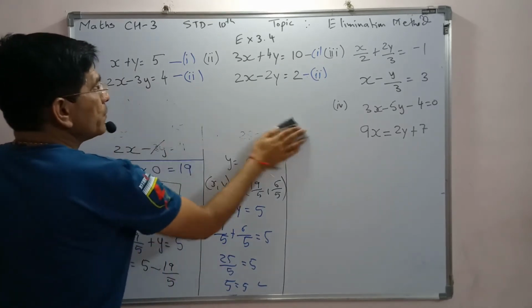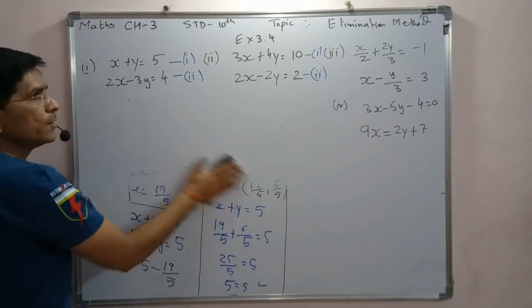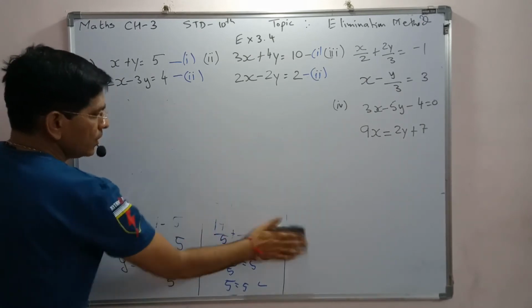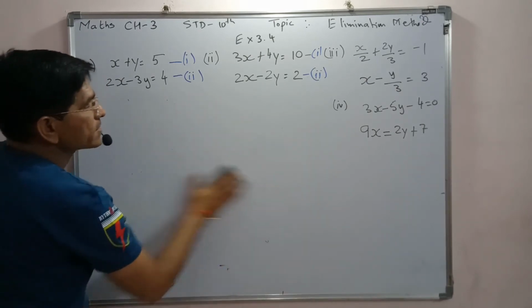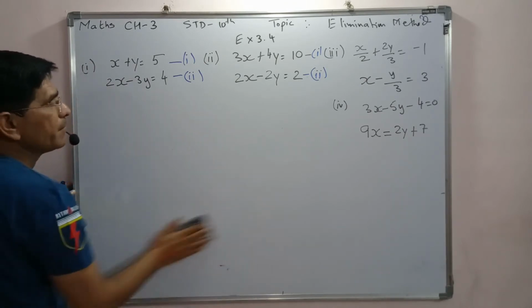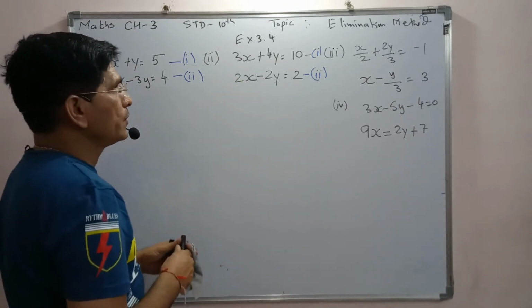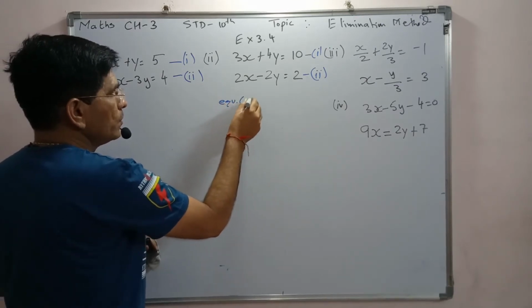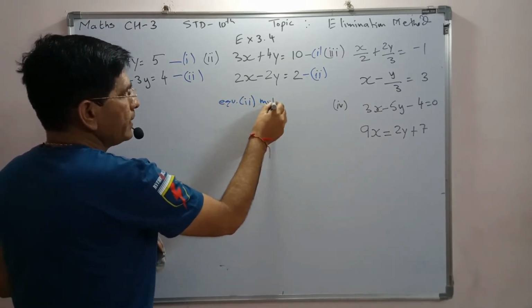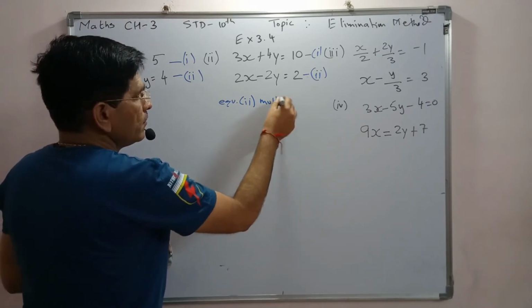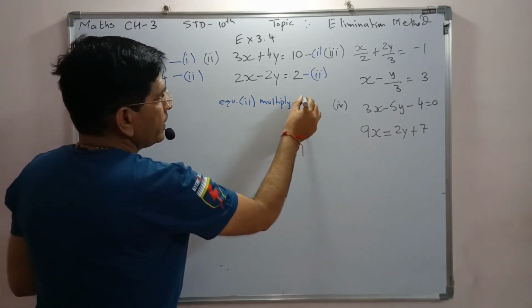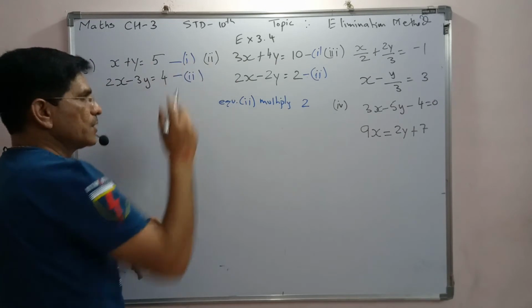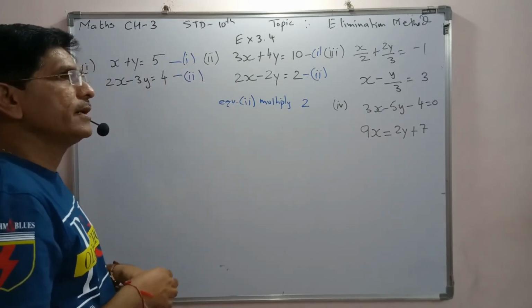So if you see question number 2, what we have to do? Equation number 2 is multiplied by 2. The first equation we have to put as it is.